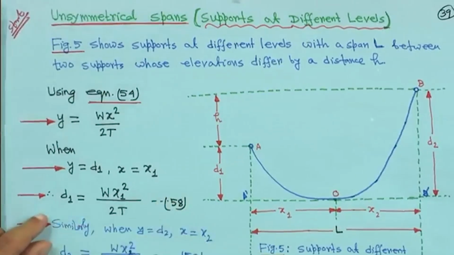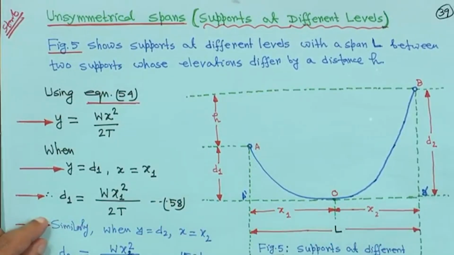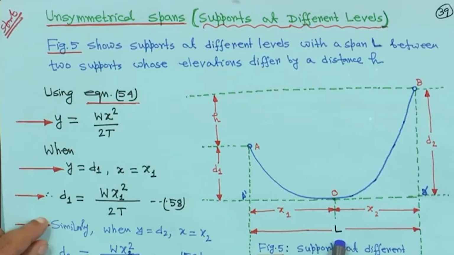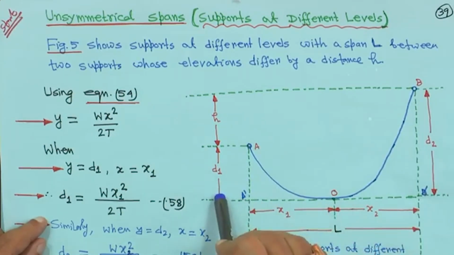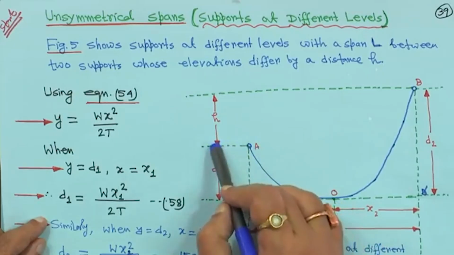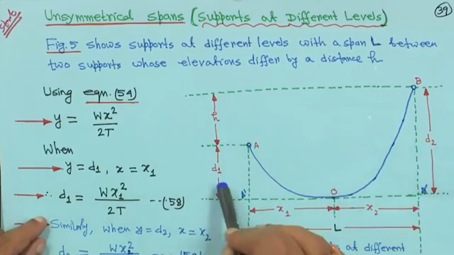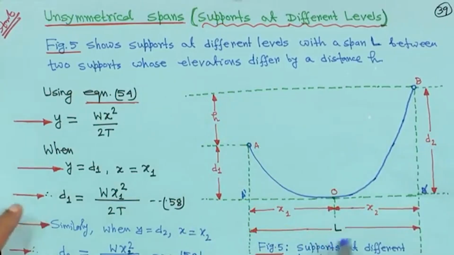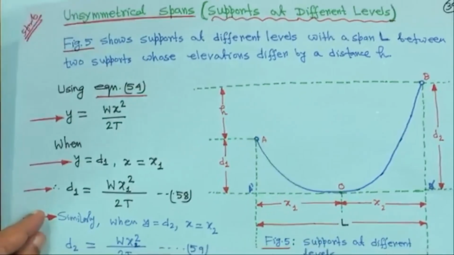The horizontal distance between A dash and B dash is L. From B dash, this distance is d2, and at A dash the distance is d1, and the difference between them is h, which is equal to d2 minus d1. So this is figure 5, supports at different levels.